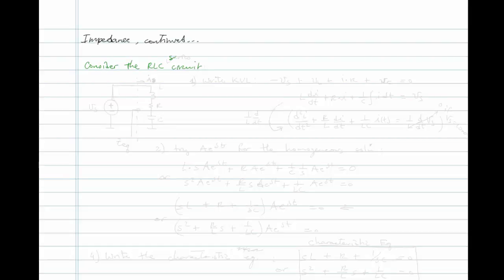We'll do the series circuit. Okay, so we have this voltage source, Vs, and it's driving this combination of an inductor, resistance, and capacitor. All right, we've solved this before. We have a current I, we have a voltage Vs.